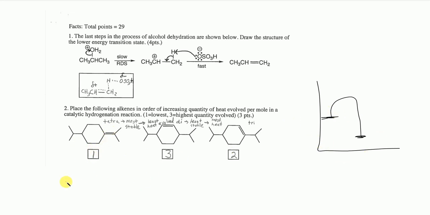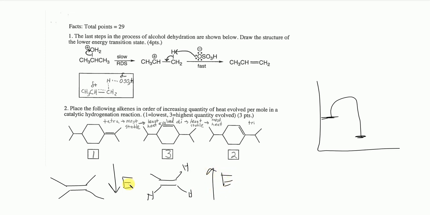And we talked about this before: the more carbon substitutions on a double bond, the lower the energy is, and the fewer carbon substitutions on a double bond, the higher the energy. So if I had just hydrogen, hydrogen, hydrogen, and then only one methyl group, this would be much higher energy.